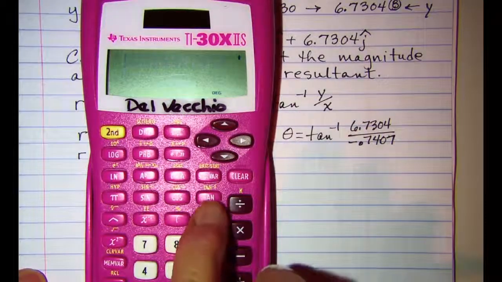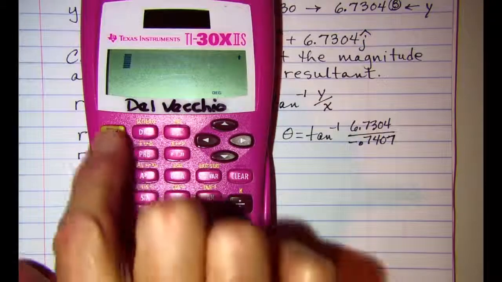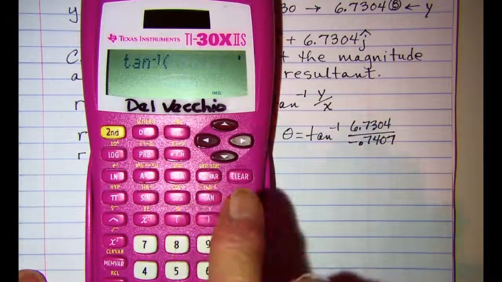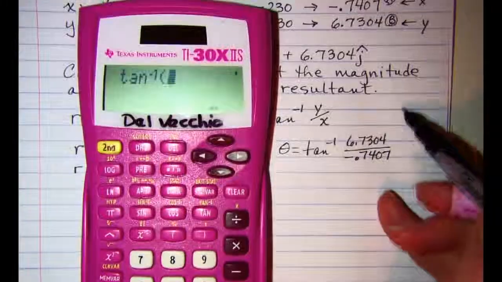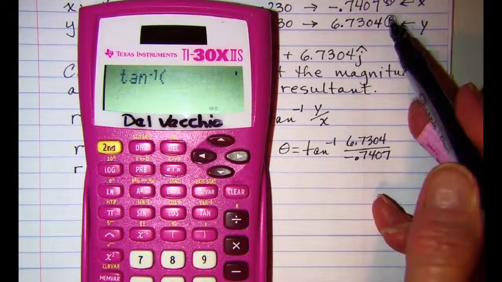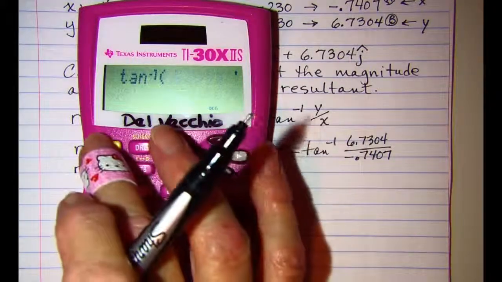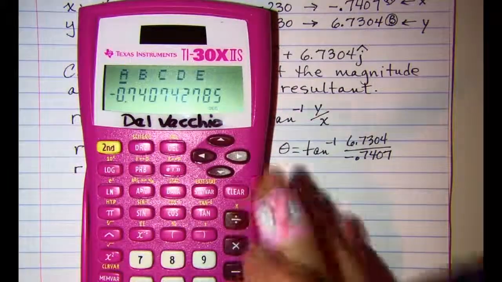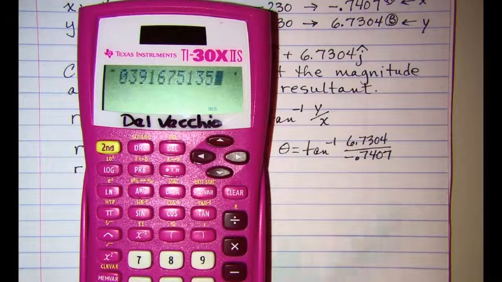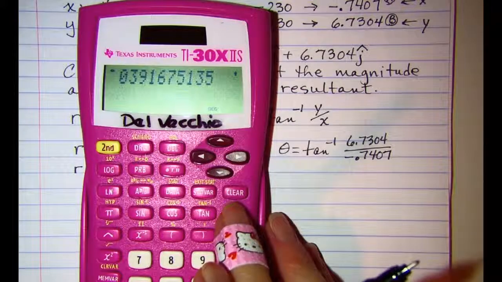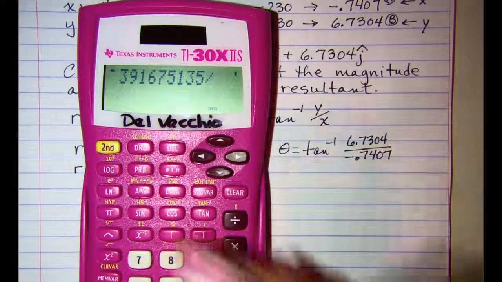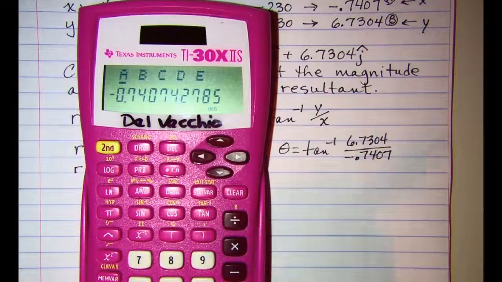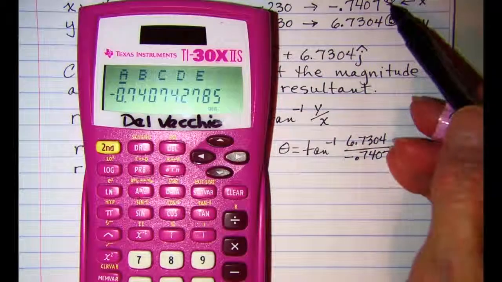So for second tangent, I need second tangent, and then the numerator is my y value, which I stored in B. So I'm going to recall B, divided by, recall A, because A is my x value.